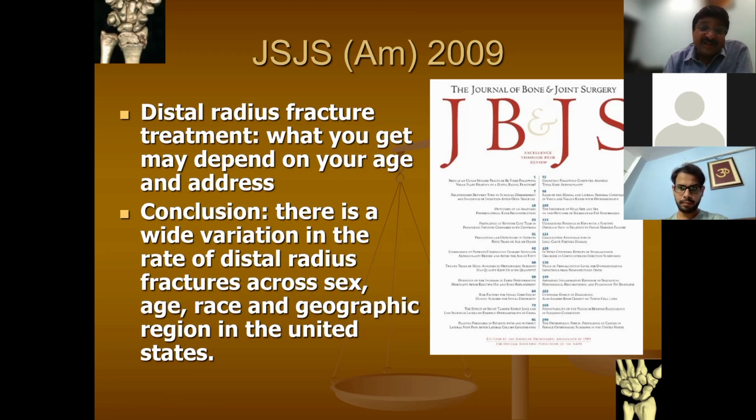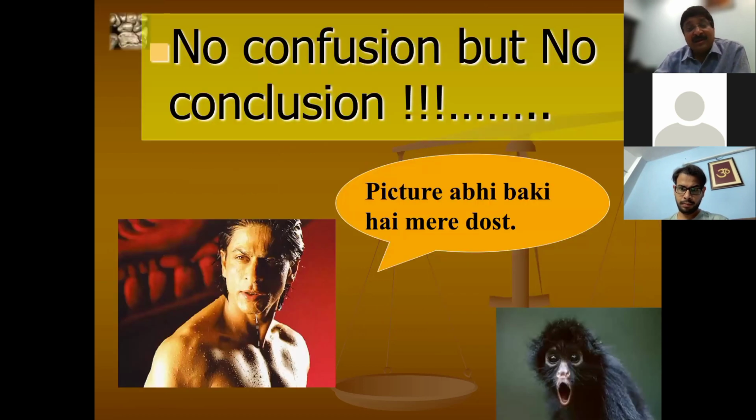That wide variation is reducing with time, but still in India we are facing that fracture fixation will vary upon gender, age, race, or geographical region. In remote and rural areas, the treatment may be different, but with time more and more standardization will be there.